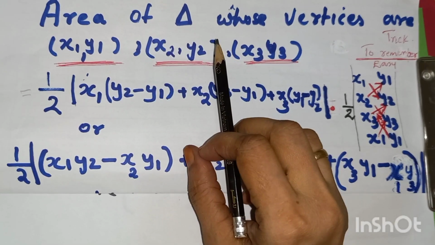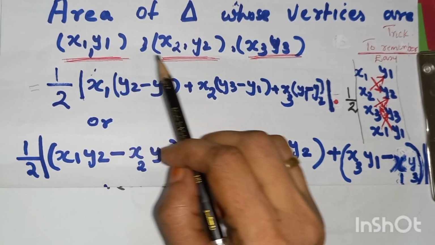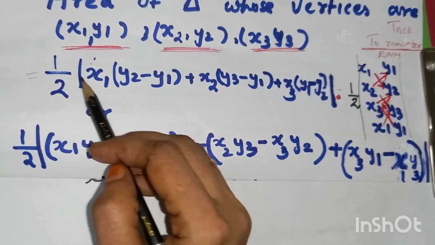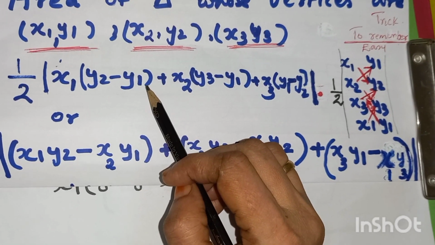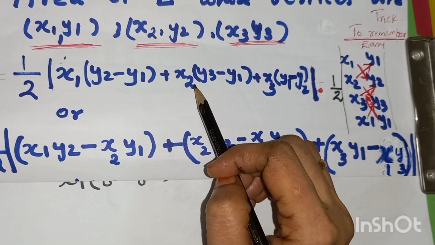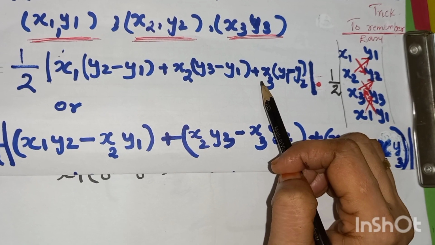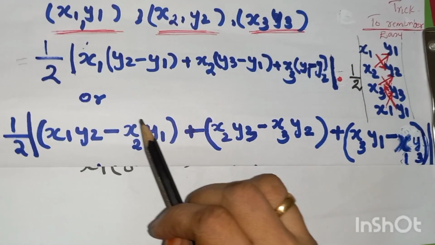Area of a triangle whose vertices are x1, y1, x2, y2, x3, y3 is equal to half into modulus of x1 in bracket (y2 minus y3) plus x2 in bracket (y3 minus y1) plus x3 in bracket (y1 minus y2).